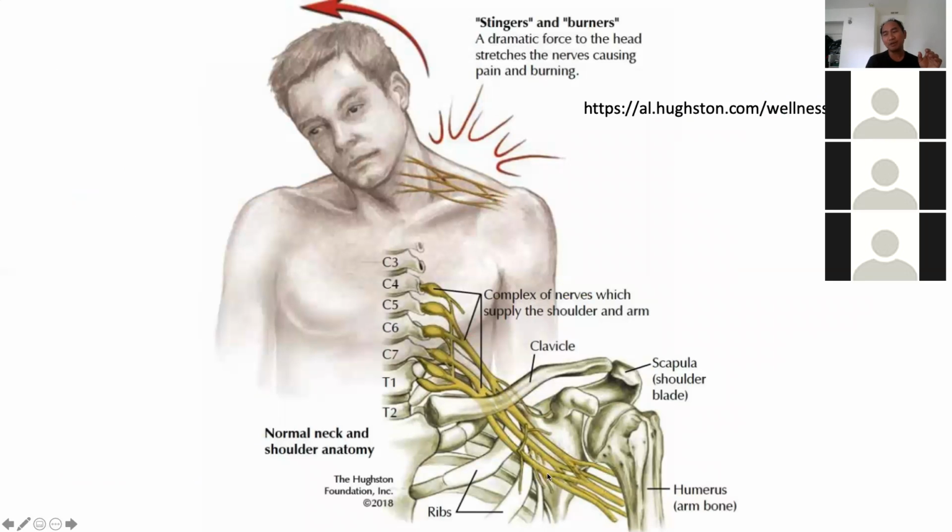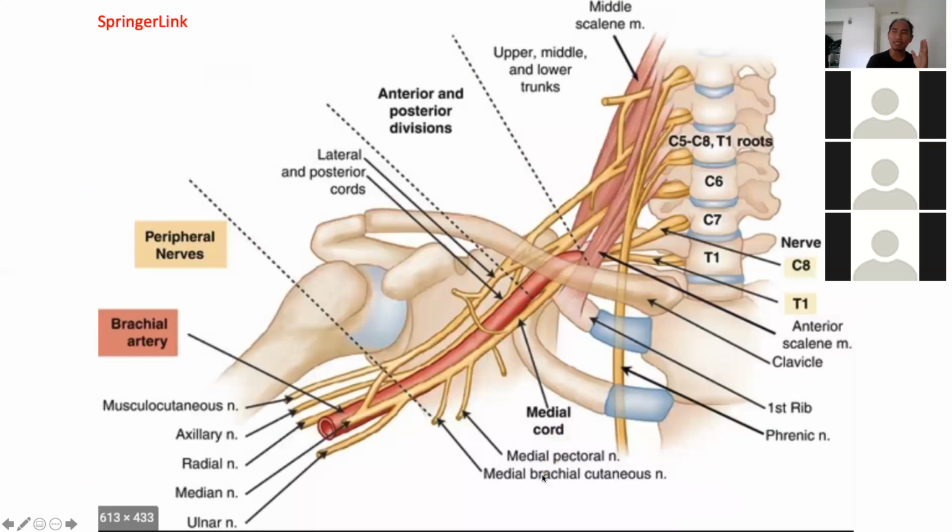And we studied the different parts of the brachial plexus. The way we try to remember is Robert Taylor drinks cold beer. Roberts means roots from C5, C6, C7, C8, T1. Taylor means C5 and C6 will combine to form the upper trunk.